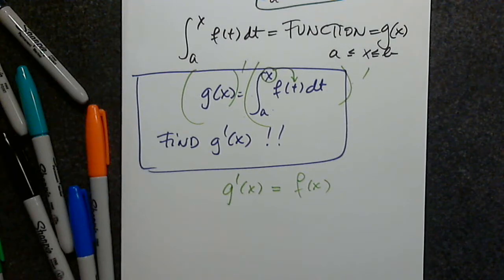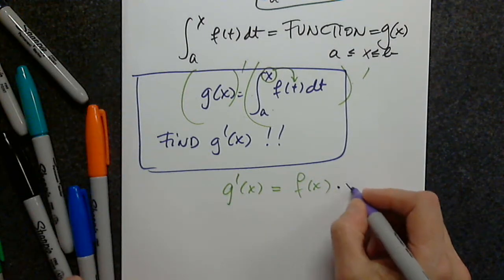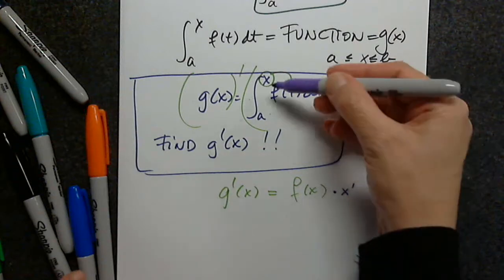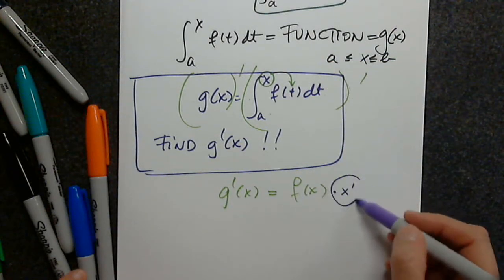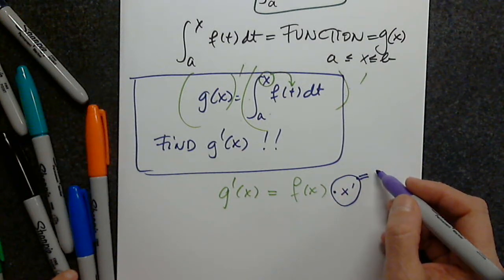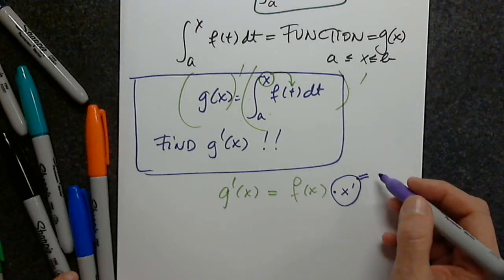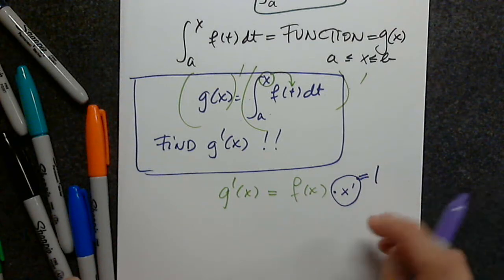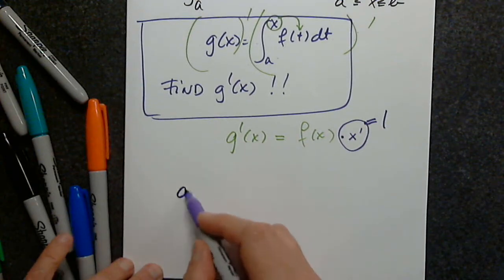Whenever we are given a function in the form of an integral, and we're asked to find its derivative, not calculate anything, but just find its derivative, this is what we need to do. But now, I should write times x prime times this prime. But I don't. Why don't I write x prime? Because it's 1.